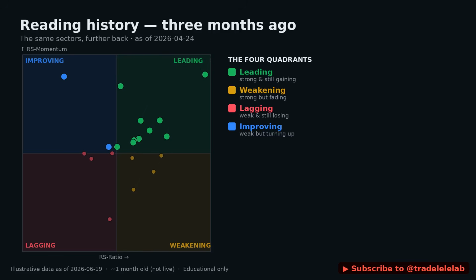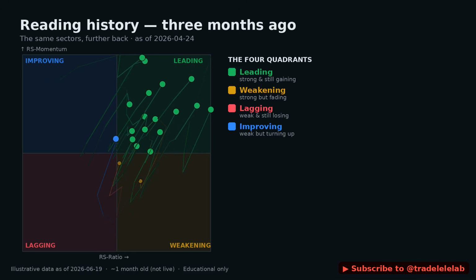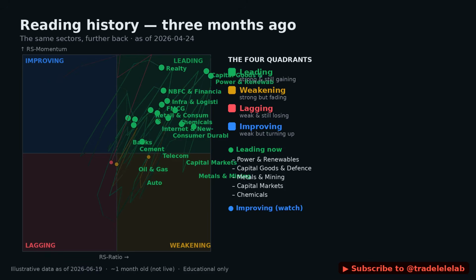One of the best ways to build intuition is to look backwards. Here is the same sector relative rotation graph, but now from about 3 months ago. Compare it in your mind with the chart from 1 month ago that we saw earlier. Notice how sectors have rotated between the two dates, some that were leading here later began to weaken, and some that were improving pushed on into the leading quadrant.